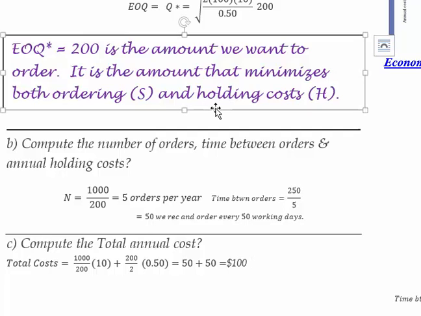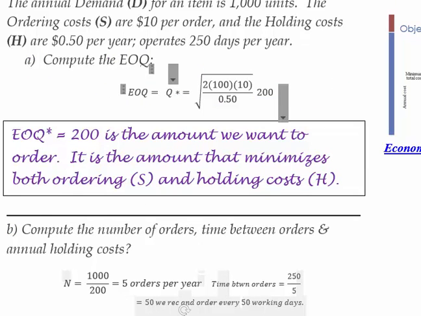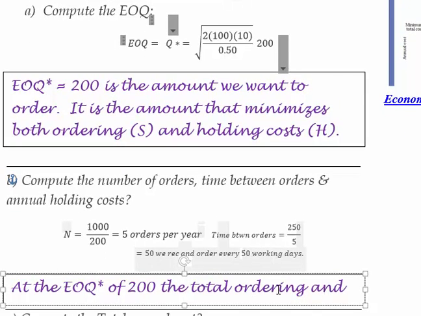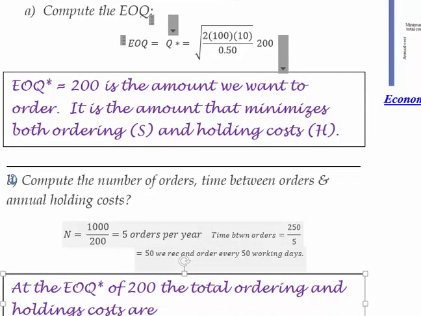So let's go ahead and type that out. So at the EOQ, or the optimal order quantity of 200, the total ordering and holding costs are $100, which is 50 for ordering and 50 for holding.